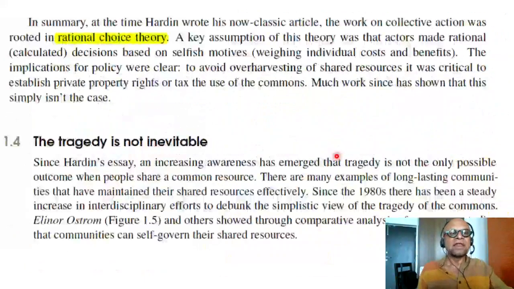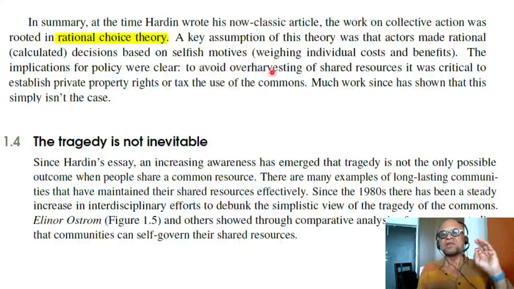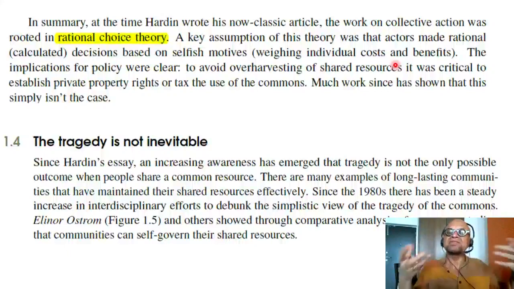Okay, so let's leave this here after reading the summary. In summary, at the time Hardin wrote his now classic article, the work on collective action was rooted in rational choice theory, which will come back. A key assumption of this theory was that actors made rational or calculated decisions based on selfish motives alone, weighing individual costs and benefits, and not about how to make the entire piece of land provide maximum benefits for all the people sharing it.